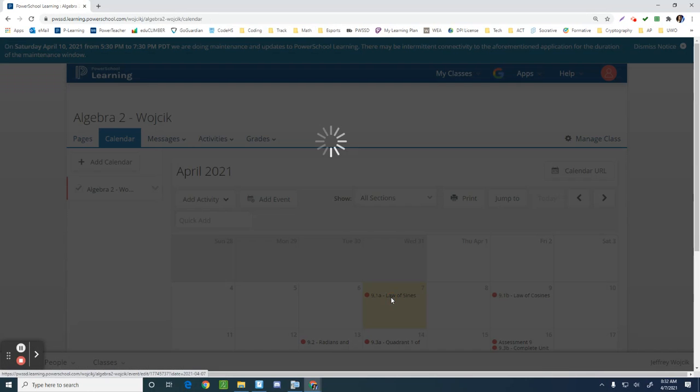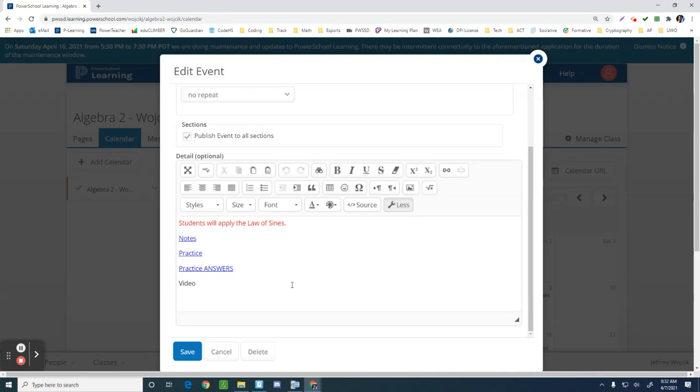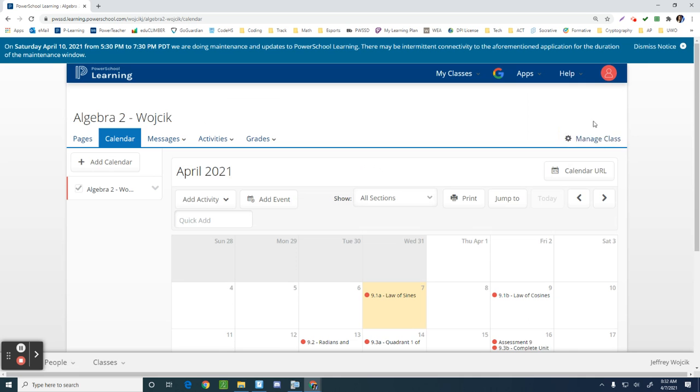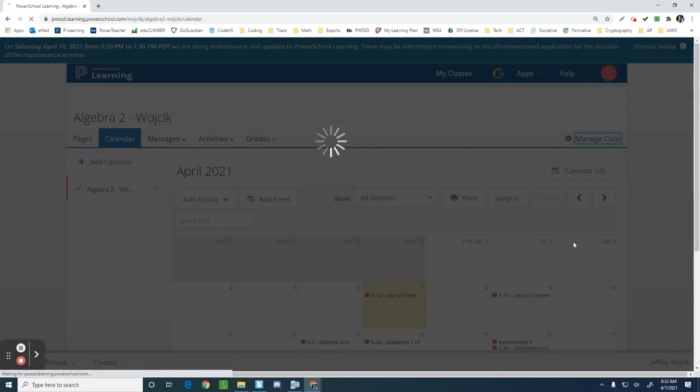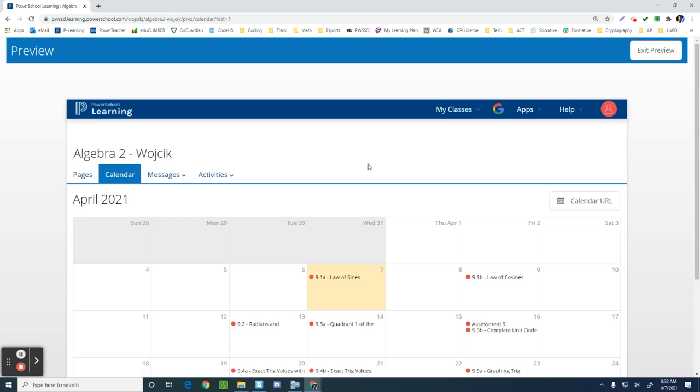Go to calendar, go to today's law of sines, and you'll see practice right here and practice answers right there. Not the whole solution, but just if you want to see, did I get that correct final answer? So go ahead and check that out. And you've got a little less than half an hour to make sure you really have this topic well learned.